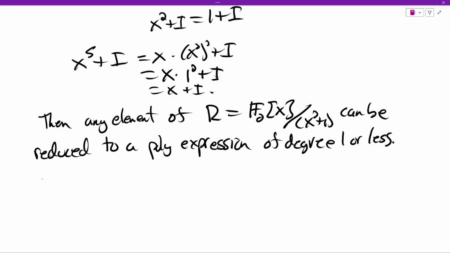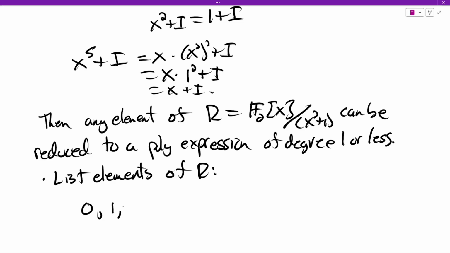So if we were to just list the elements of our quotient ring, of this new ring we're constructing, well, we could have 0, certainly. I'm not going to write the x squared plus 1, just because that's a lot of plus I's and stuff. We would have 1, we would have x, and we would have x plus 1.